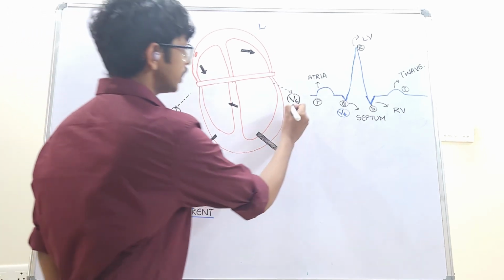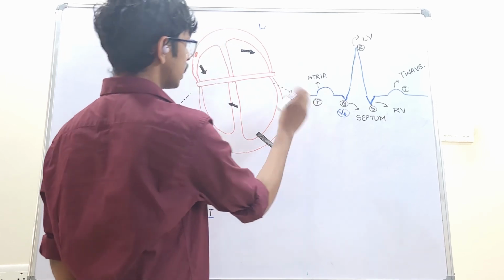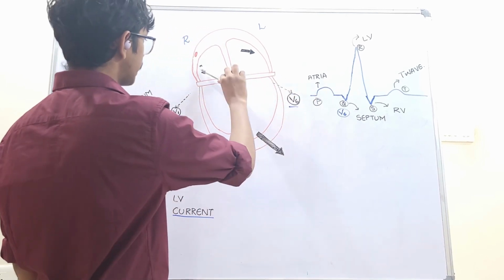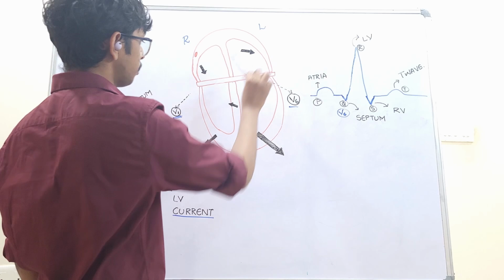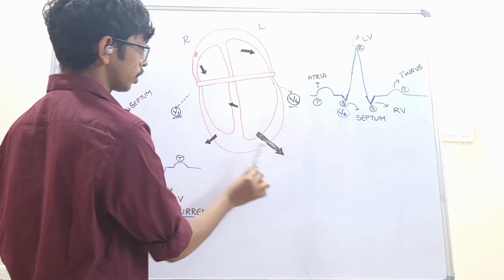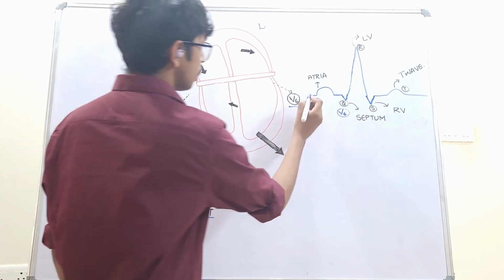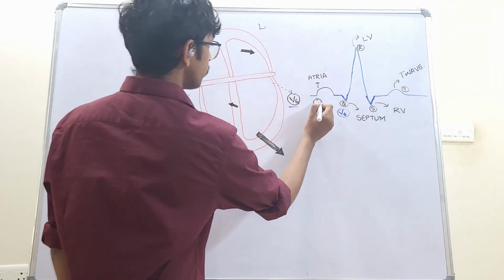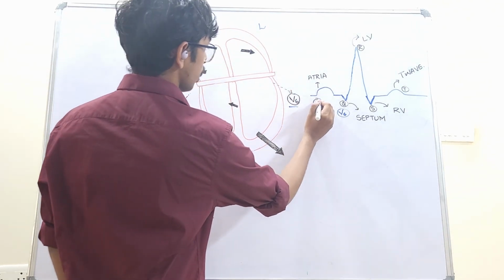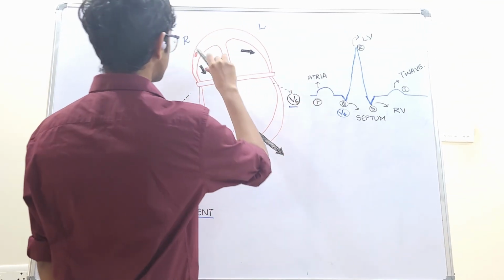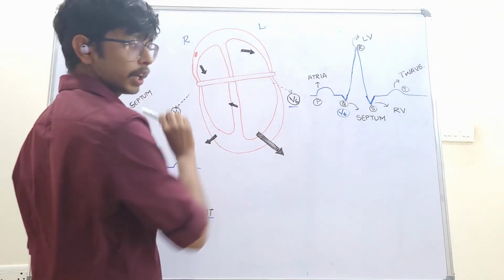When we come to V6, V6 is here. This is the axis of V6. Atrial depolarization of right atrium, left atrium, septal depolarization, right ventricular depolarization, left ventricular depolarization. First P wave is atrial depolarization. This V6 will first pick up the left atrium and then the right atrium.